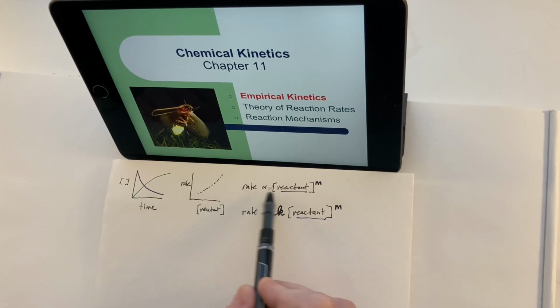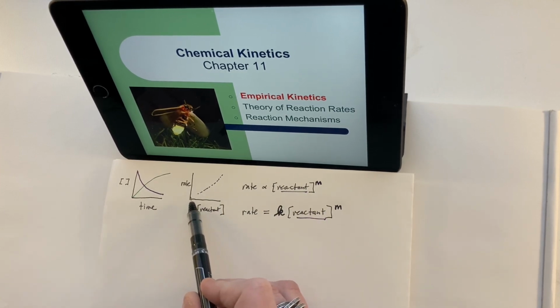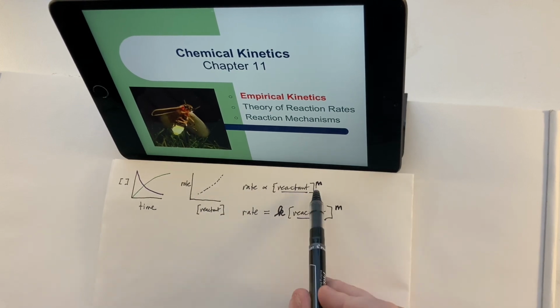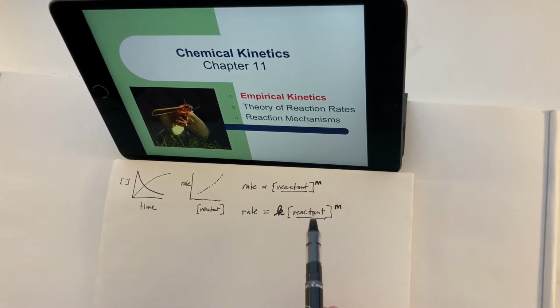But that proportionality could be direct, to the first power, a line, but it also could be curved, because that's a proportionality. So figuring out that exponent, to the first, the second, the third, whatever it could be, has to be based on the data and is unique for every reaction.